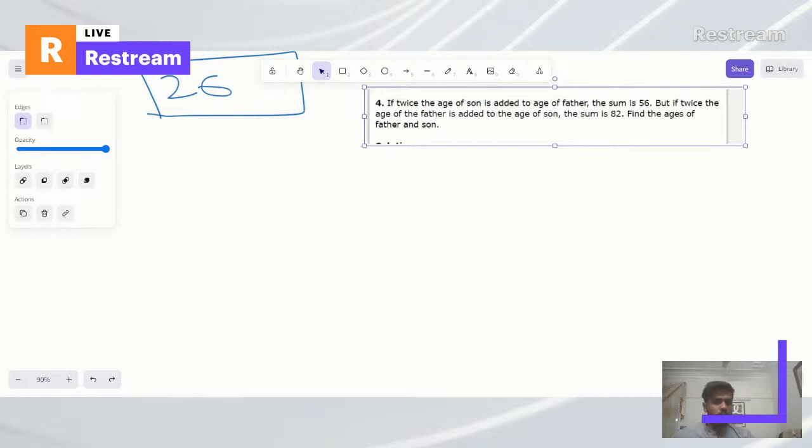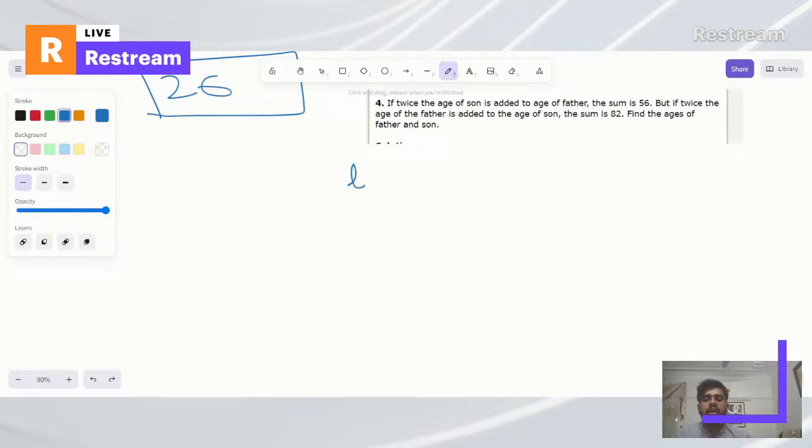So the first step would be, let father's age be x. Let son's age be y.